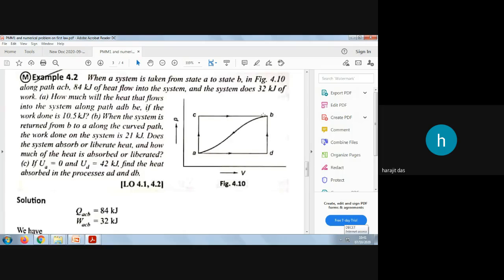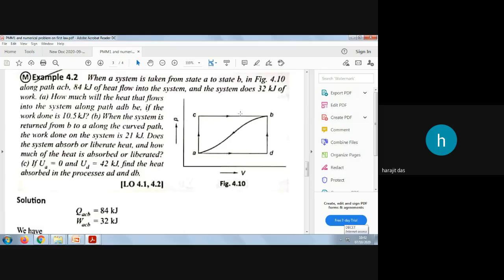Means in ADB, how much heat will flow into the system. In this part, the work done is given as 10.5 kilojoule. So here heat is not given, work done is given.